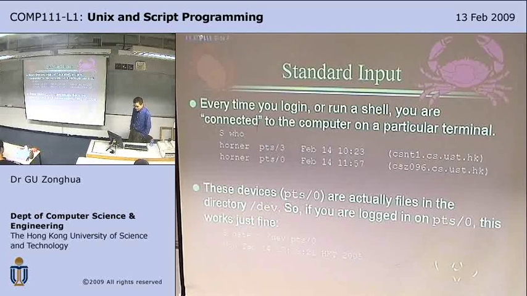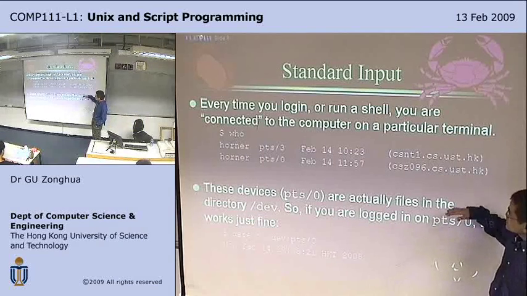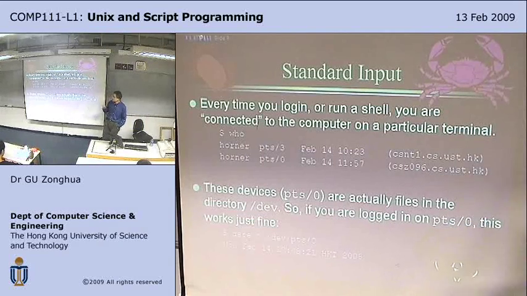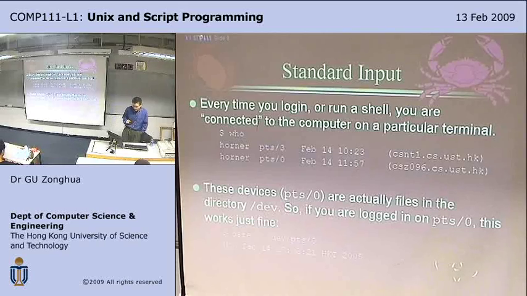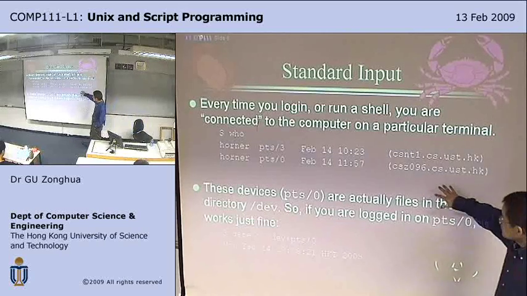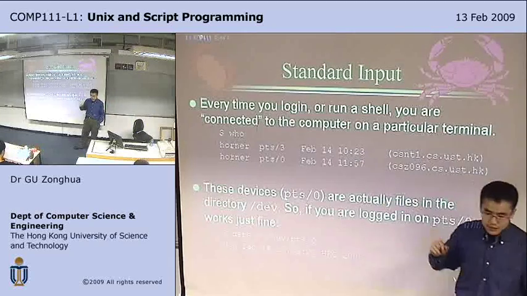So, standard input. Every time you log in or run a shell, you are connected to the computer on its particular terminal. If you type in who, it tells you which users are connected.